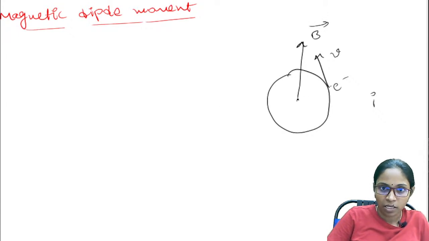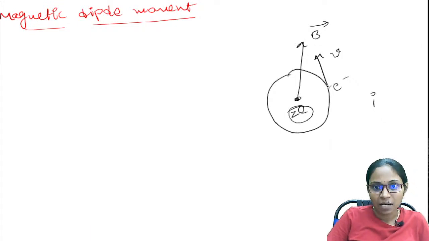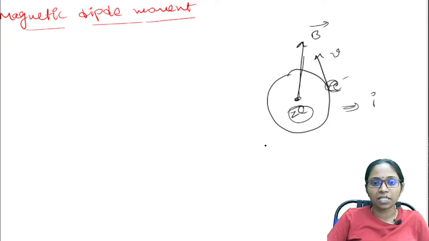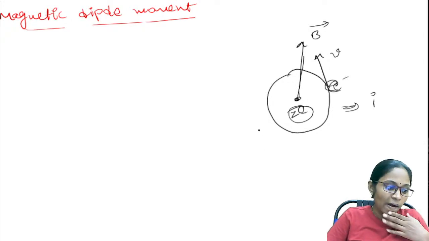Here we have a charge Ze. In the electric field of the nucleus, an electron is revolving, and because of the motion of the electron, we have the flow of current and therefore a magnetic field.